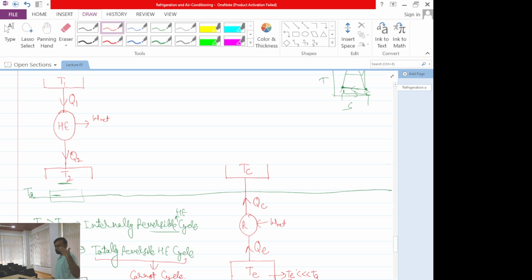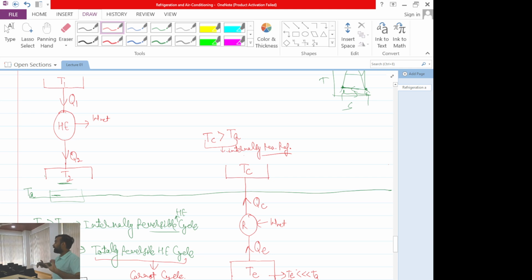If it has to dump this heat to the atmosphere in an internally reversible manner, then Tc has to be greater than Ta. This will be for an internally reversible refrigerator. Is this one clear?